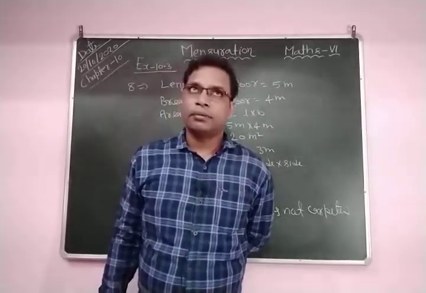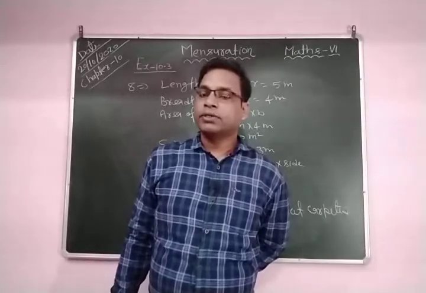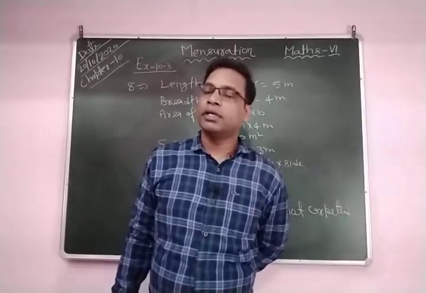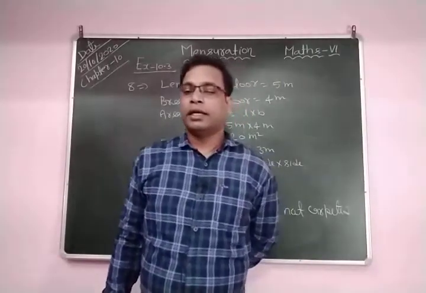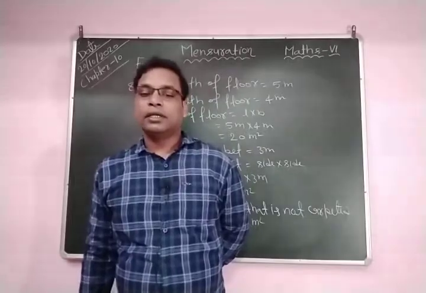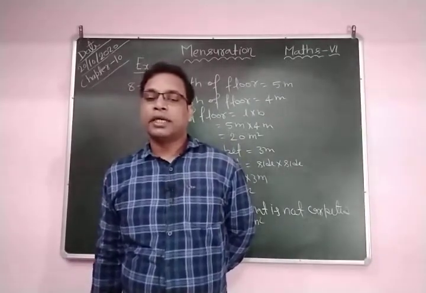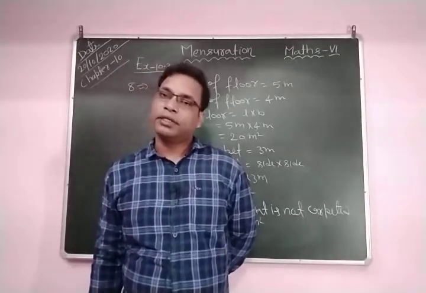Here, first you find the area of land. The length of land is given as 5 meter and the breadth of land is 4 meter, and in this area 5 square flower beds, each of side 1 meter, are dug.